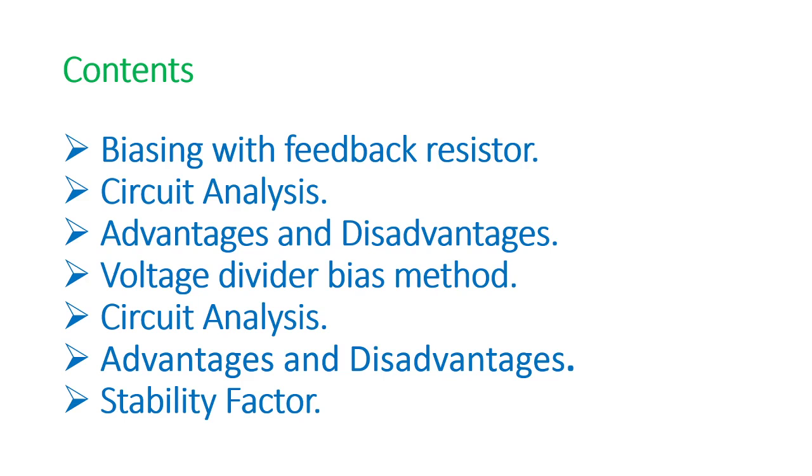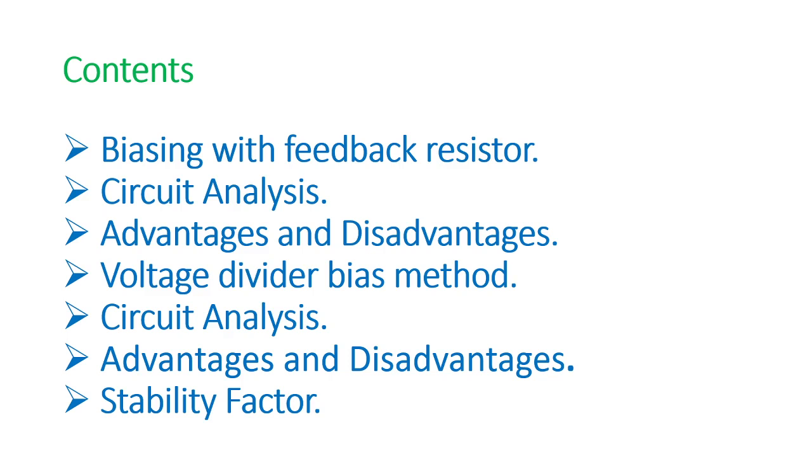During the amplification process, the most important requirement is that the shape of the signal should remain the same. The increase in strength of a signal without any change in shape is known as faithful amplification.